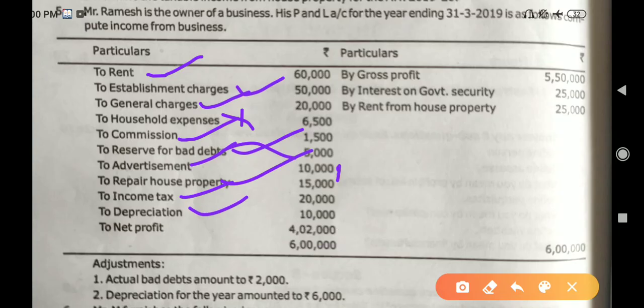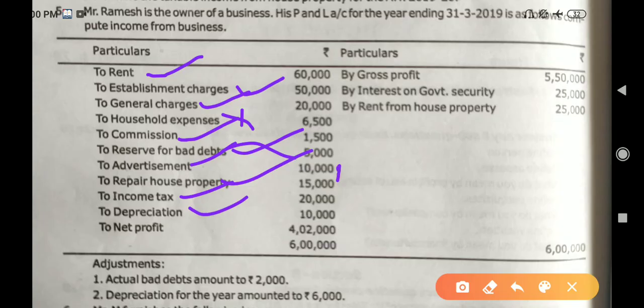Now come to the credit side. Under the credit side, three items are given. Under the credit side, the account may include business incomes, non-business incomes and tax-free incomes along with gross profit. If business income is given, just ignore it.